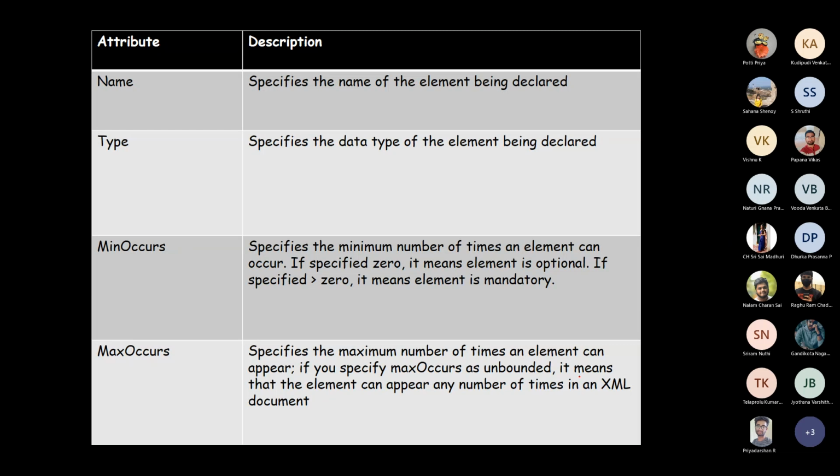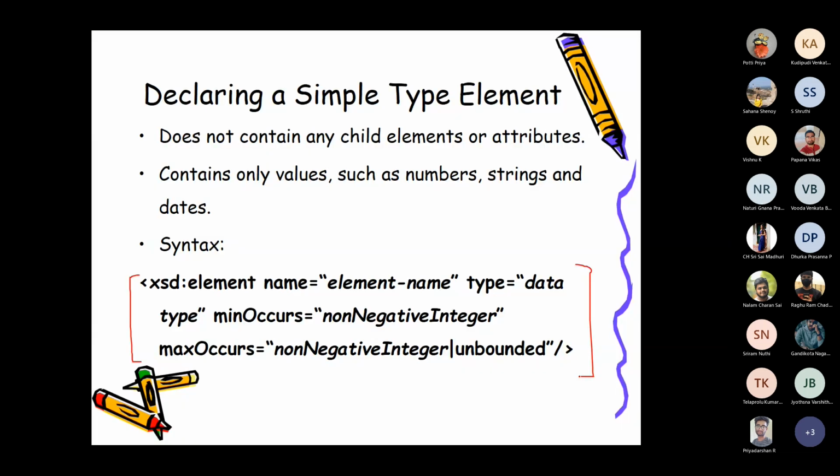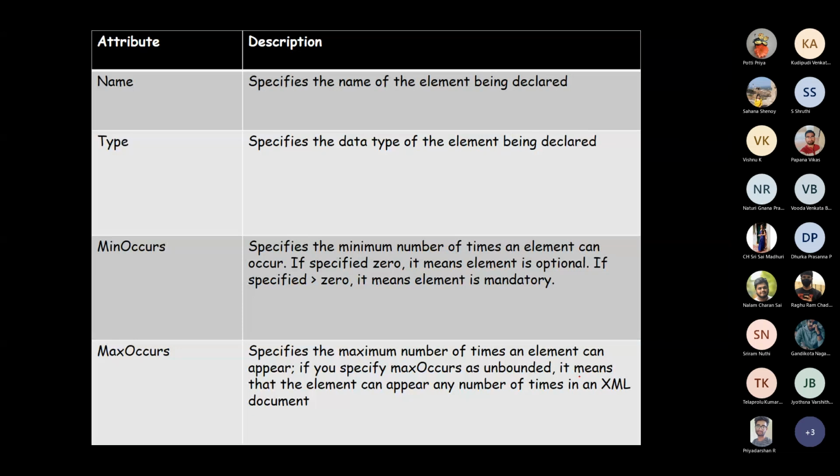So if you say unbounded, there is no restriction on how many times. Otherwise, you are going to specify a number there, which will be a non-negative integer. Which means that you will have a positive value there. Based on that value, that many number of times the element can occur, and it has to occur.